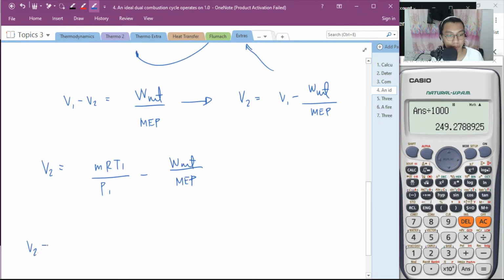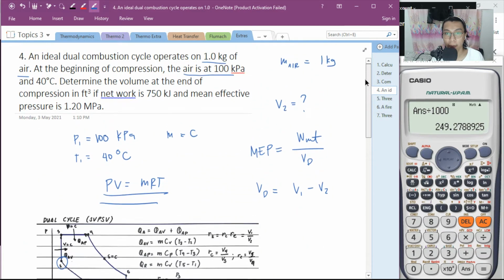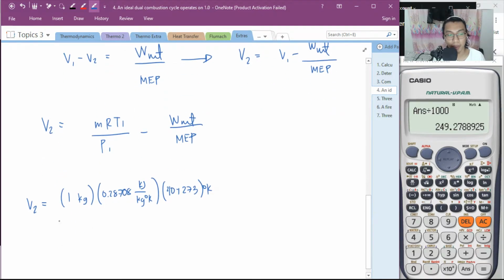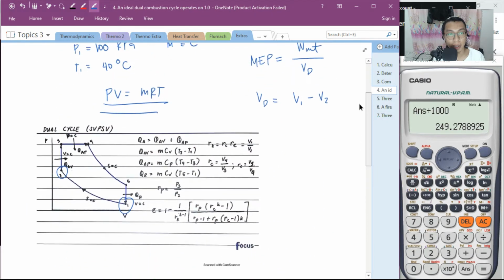So, V2 is equal to, yung M, 1 kilogram, kung di ako nagkakamali. Ayun, 1 kilogram. Tapos, yung R ng air, that is 0.28708 kilojoule per kilogram degree Kelvin. The temperature given there is 40 plus 273 degrees Kelvin divided by the pressure. Yung pressure ng 1, I think that is 100 kPa.